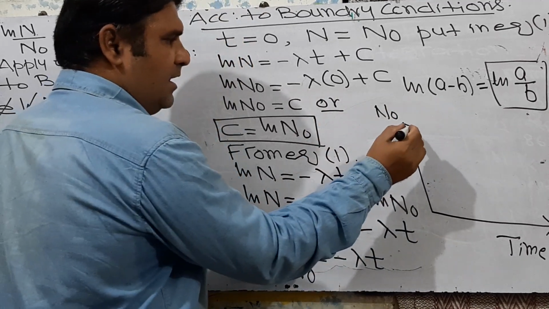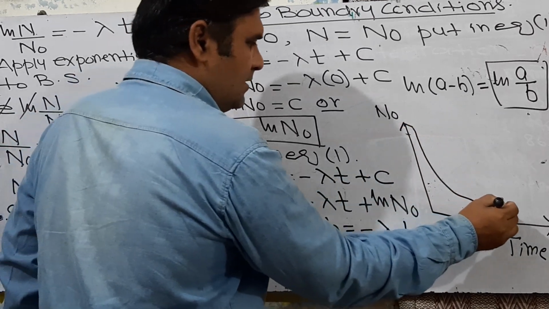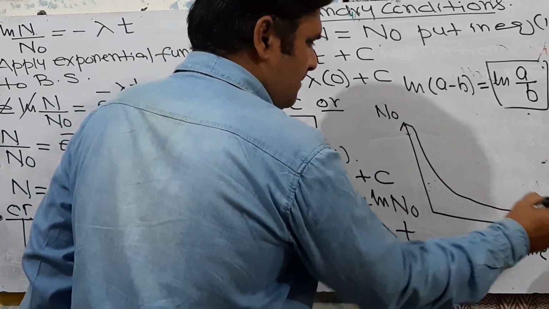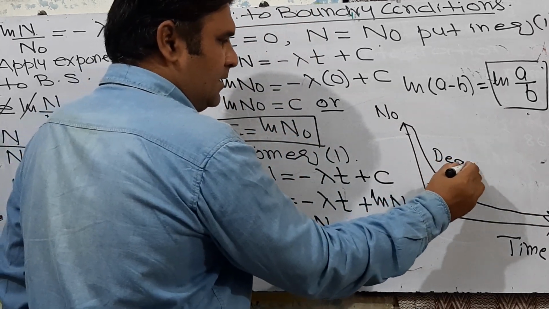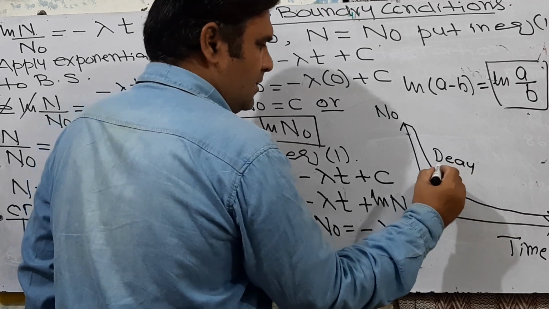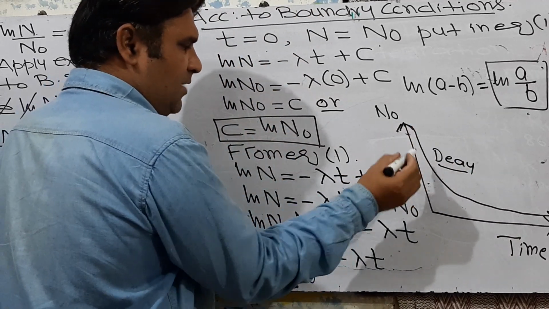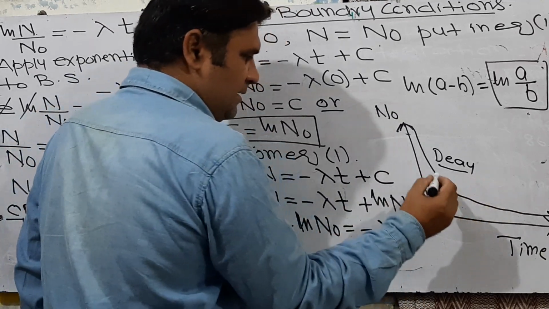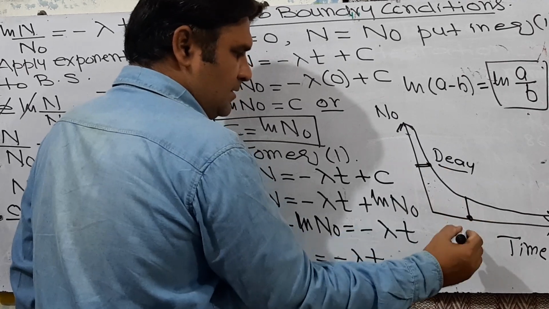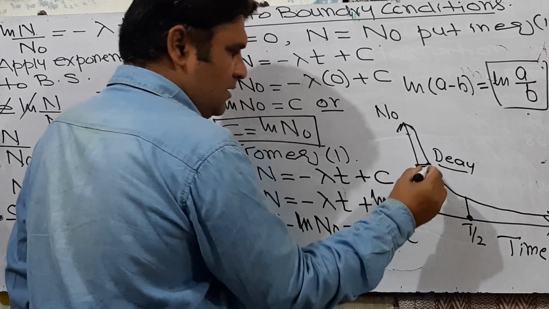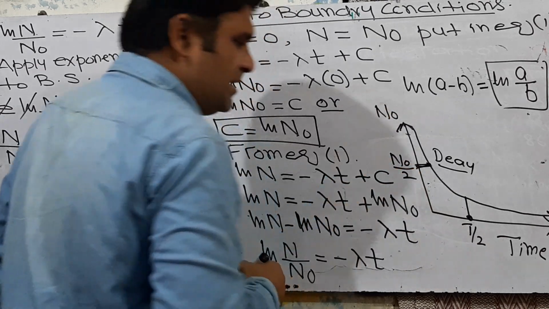We will take a curved line going downward, and this line shows the decay. So when the time increases, suppose here the time is the half-life, then half of the elements will have disintegrated.